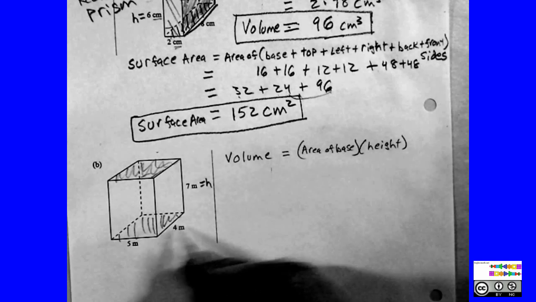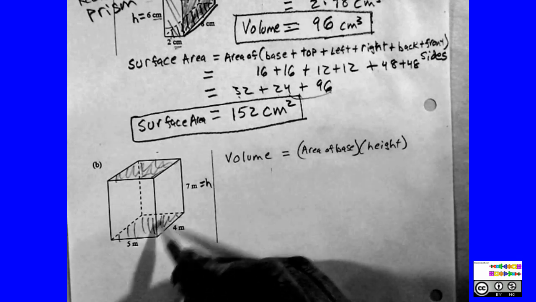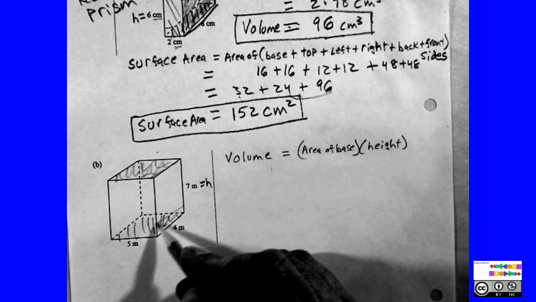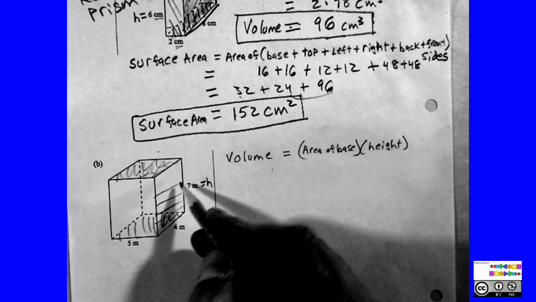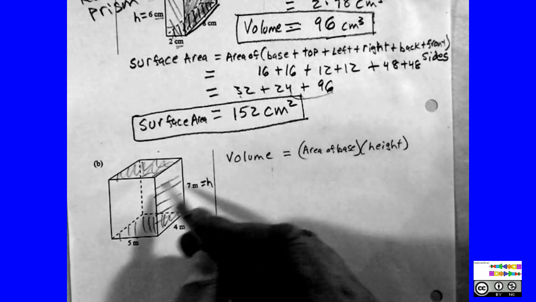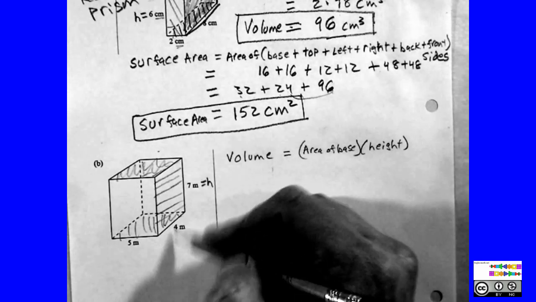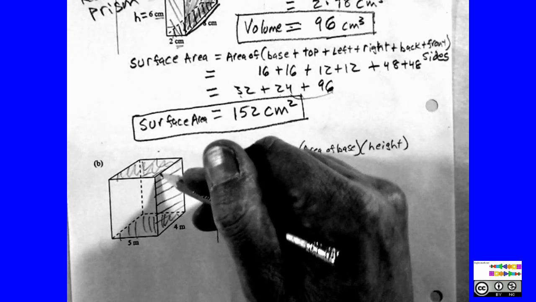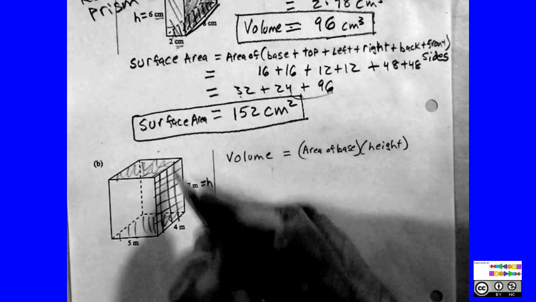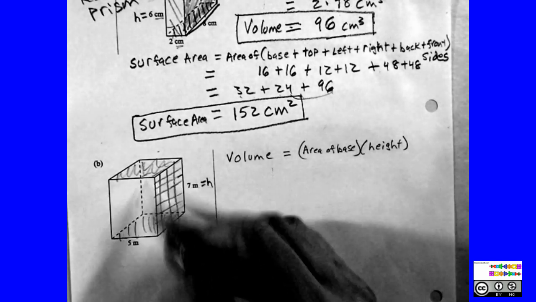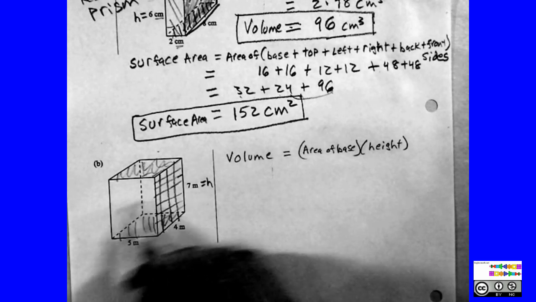So I multiply by the area of the base, and then it's kind of like an elevator, and I count 7 cubes up. 1, 2, 3, 4, 5, 6, 7. So it's going up 7 meters, and over here it's going up 4. And we're getting cubic volumes, because they all stretch across.